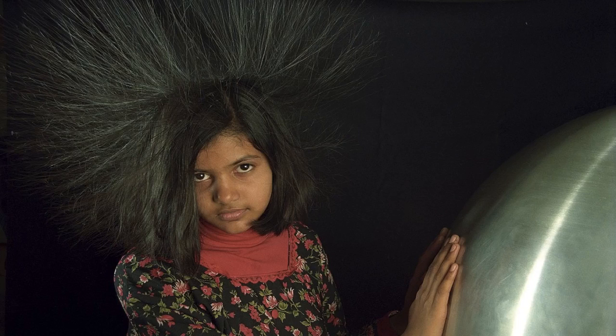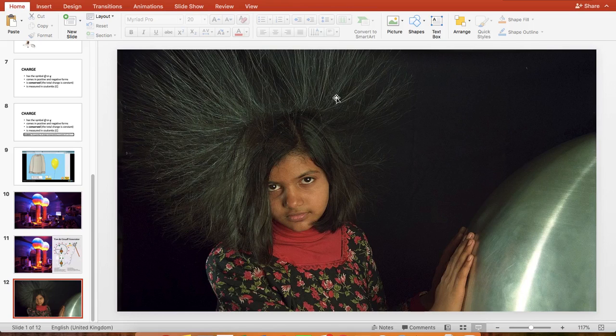And your hair is light enough that it will be affected by these relatively small forces. And hence every strand of hair coated with positive charge will repel every other strand of hair. Thank you very much.